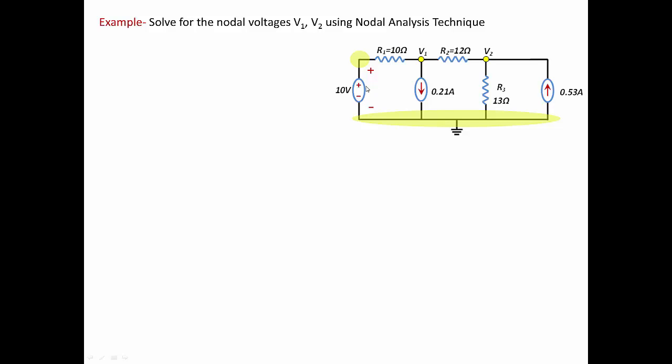So clearly the nodal voltage, which is the voltage at this particular node, is the same as the 10 volts, because the 10 volt voltage source basically states that it is the voltage from the reference node to this node. So the voltage is basically 10 volts. Now keep in mind that you need to be consistent with the polarities here.